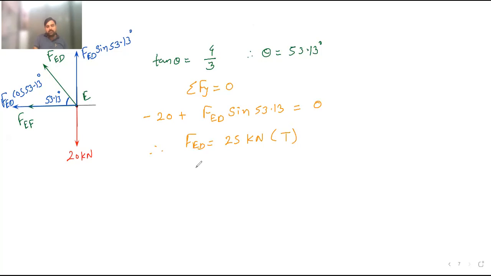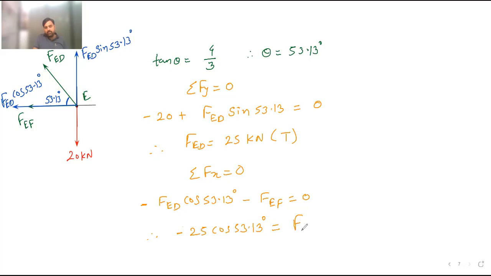Now, if I apply summation Fx equal to 0, whatever direction we have assumed for ED, it is correct. Then it is minus FED cos of 53.13 minus FEF is equal to 0. Therefore, minus 25 cos of 53.13 degree is equal to the force in member EF.